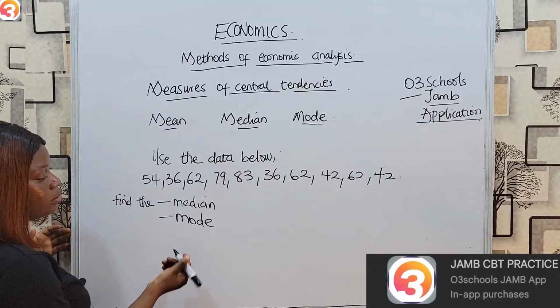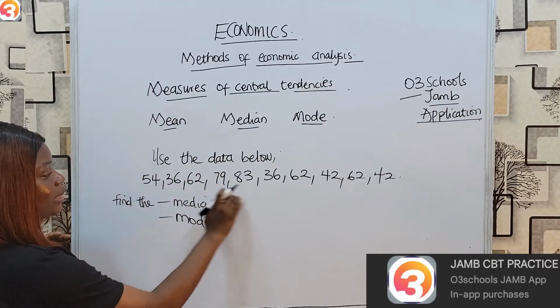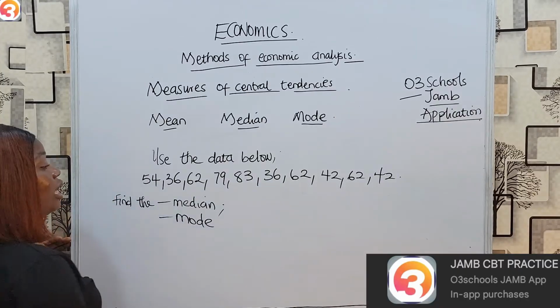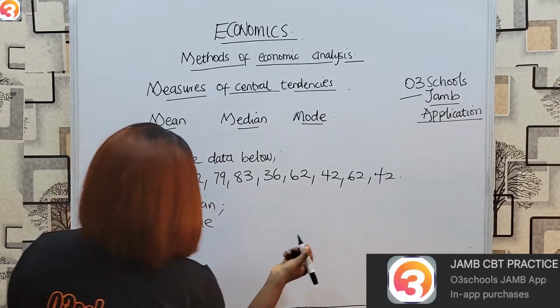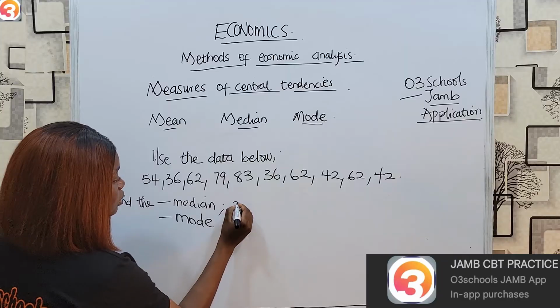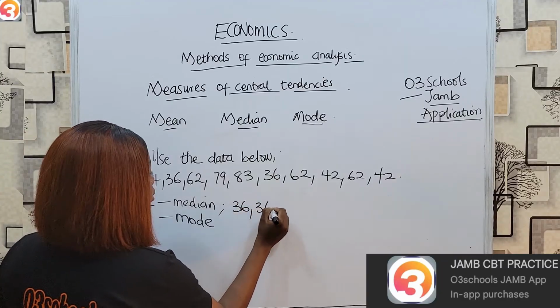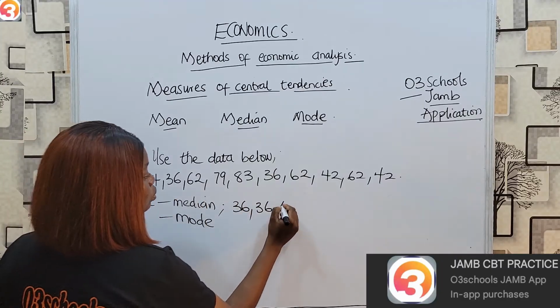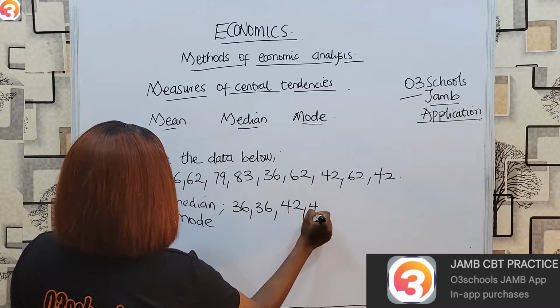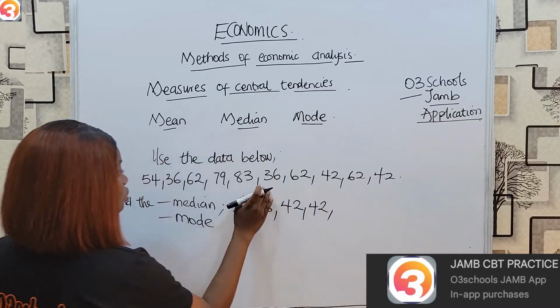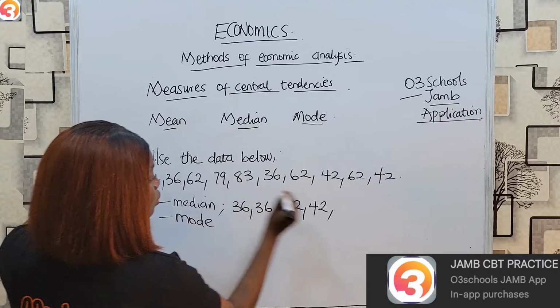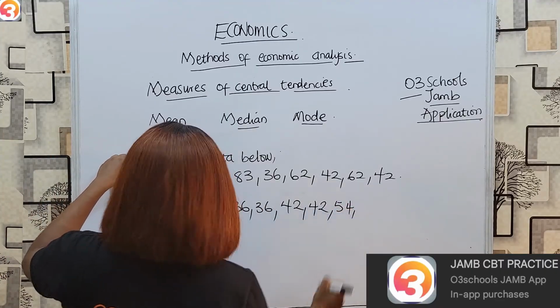Looking at the median, the first thing we have to do is to represent these numbers in ascending or descending order. The least number we have here is 36, and 36 appears twice. Then we have 42, which appears twice as well. Next, we have 54, which appears once.